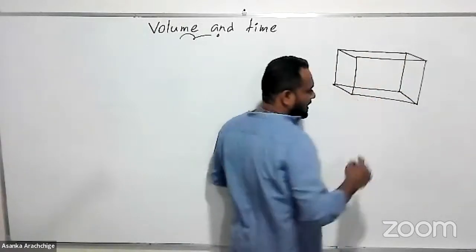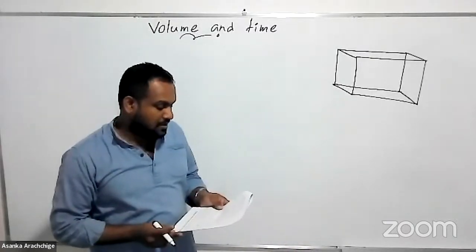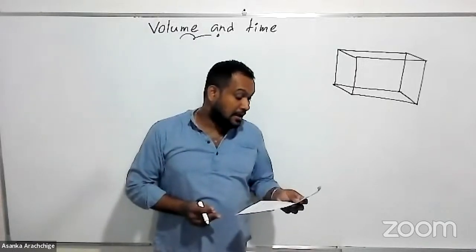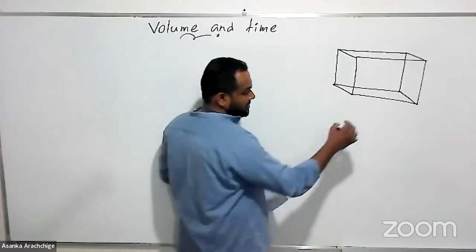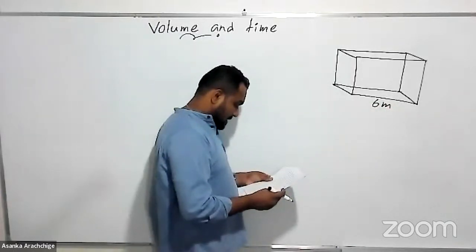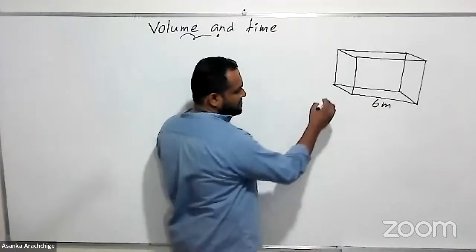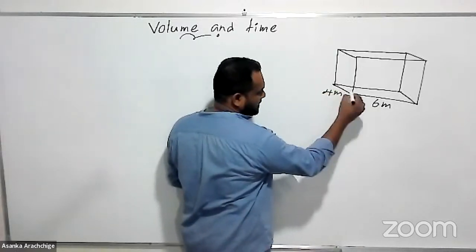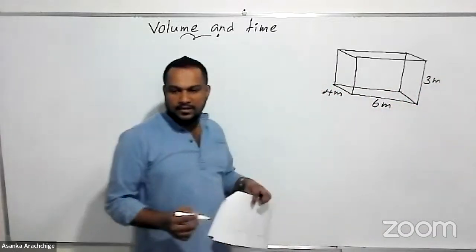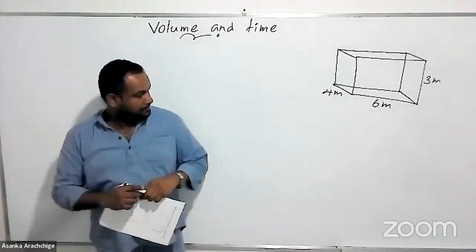We are given the dimensions of this tank, no? Length, breadth, and depth, respectively 6 meters, 4 meters, and 3 meters. These are the dimensions of this fuel tank.